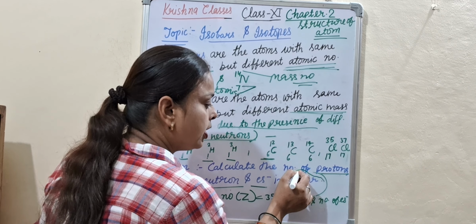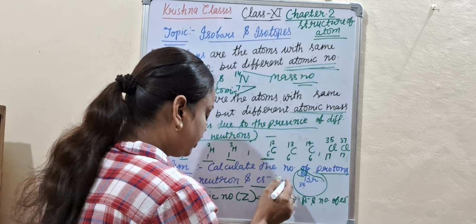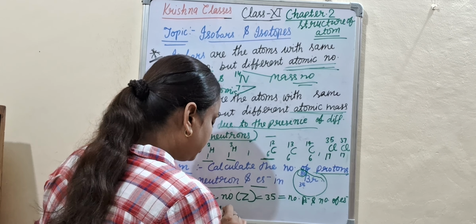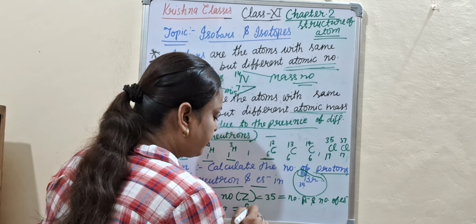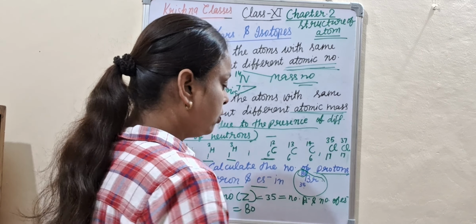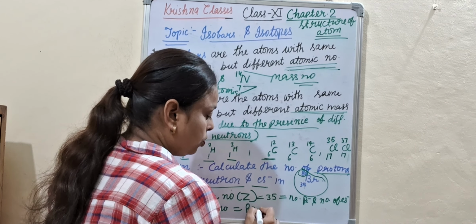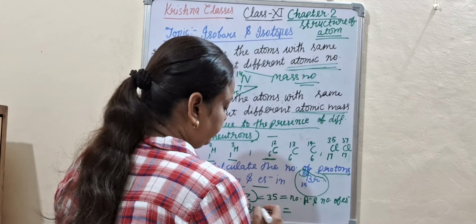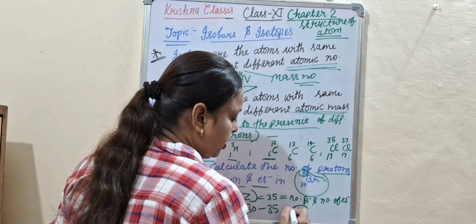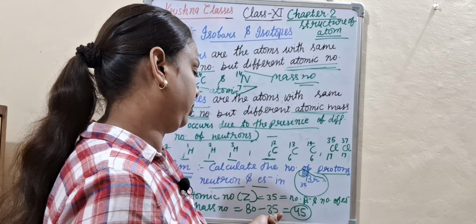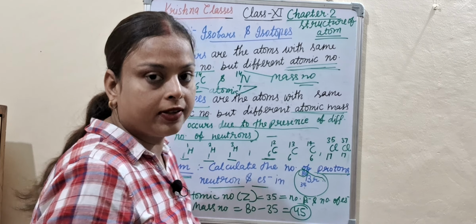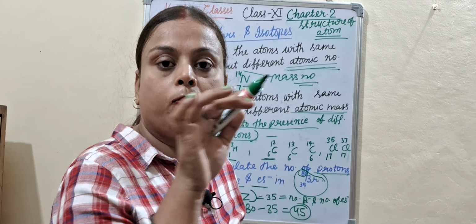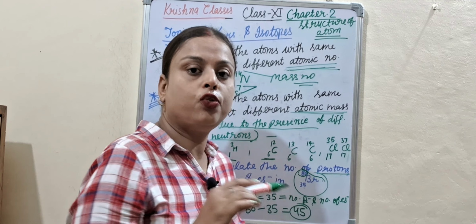And now calculate the neutrons. You know very well, here the atomic mass has been given. So the atomic mass or mass number is equal to 80 and the number of protons is equal to 35. So 80 minus 35 gives 45. 45 is the number of neutrons. You know that neutrons and protons both are present in the nucleus of the atom.